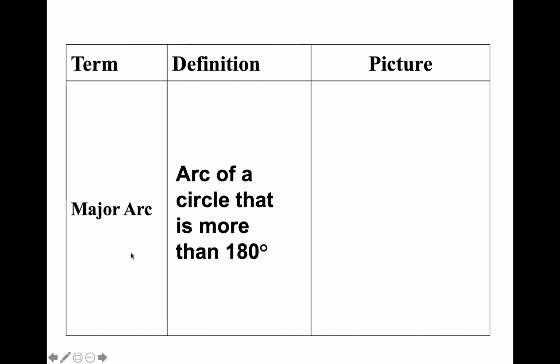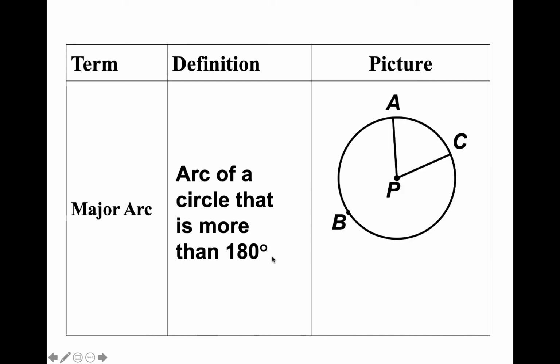A major arc is an arc of a circle that is more than 180 degrees. So it has to be more than half a circle. In this picture, I'm going to use this arc. Notice that's more than half a circle. It's a major arc. To name this though, I can't call it AC because that was this part right here.